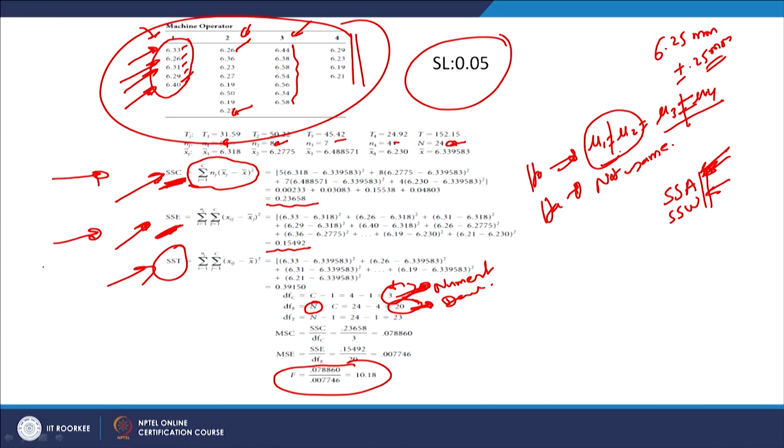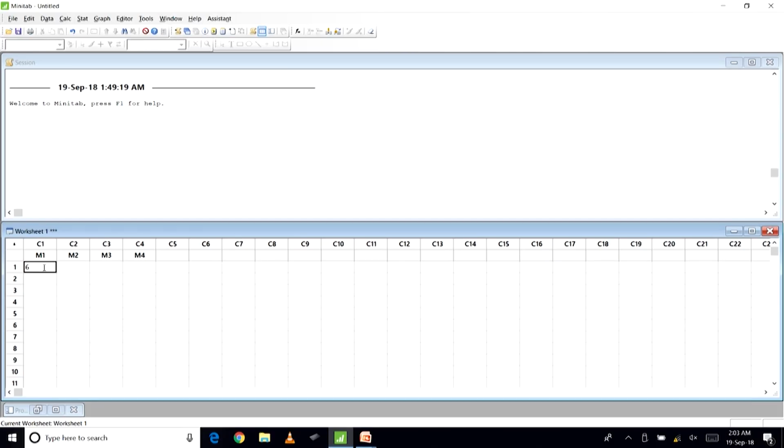We got 6.33, 6.26, and then in the next cell we have got 6.31. These data we have got on a separate paper, so that is how we are doing entry.